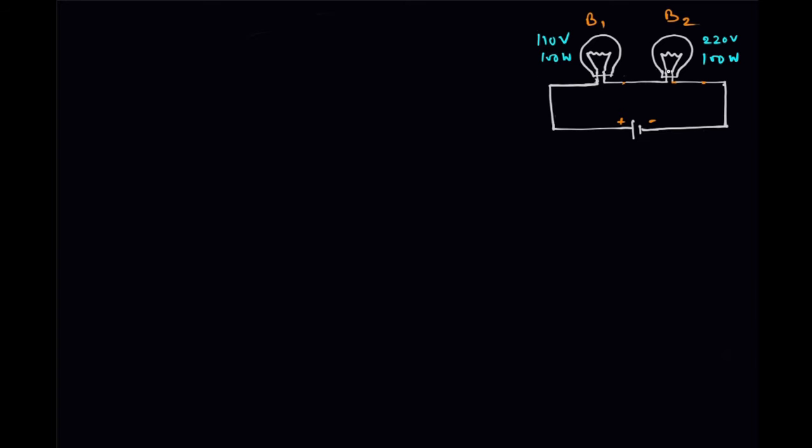Now they are connected in series, and we are applying 110 volts. Now we have to calculate the power consumed by these two bulbs. You can see that their wattage is the same, but this bulb is rated for 110 volt and this is 220 volt.